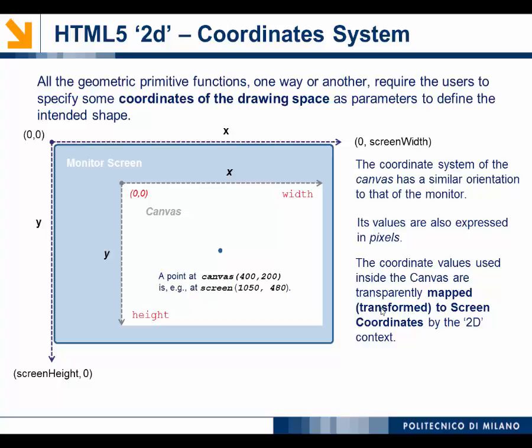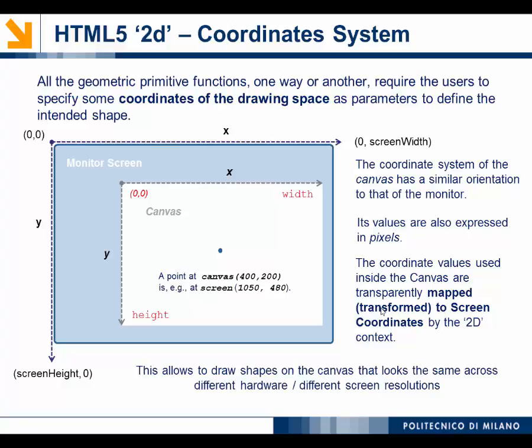So, for example, take a point at the center of a canvas that has, let's say, 800 by 400. If you put a point in that position, the position in screen coordinates will be very different. The mapping from one coordinate set to the other, as I said, you don't have to care about.